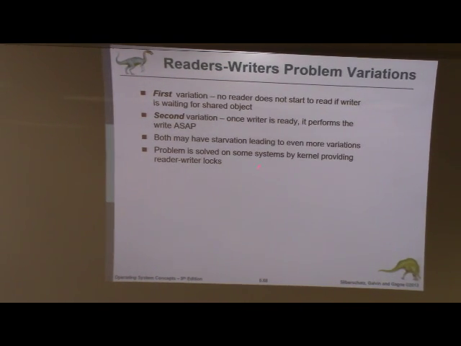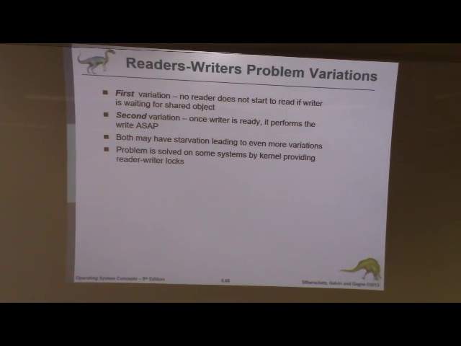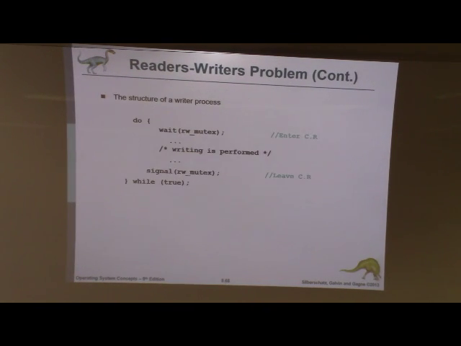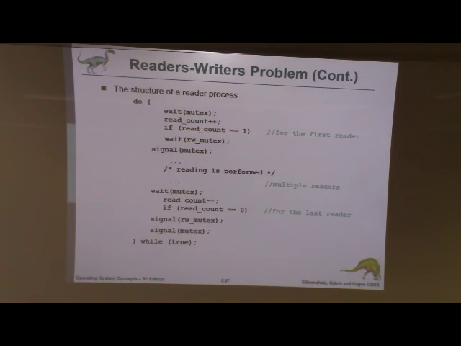There are several variations of the readers-writers problem, but I'm not going to explain the details. For example, once the writer is ready, it should perform the writing, which means the writing should be guaranteed as first priority. In this case, the writer will wait only if there is a reader.